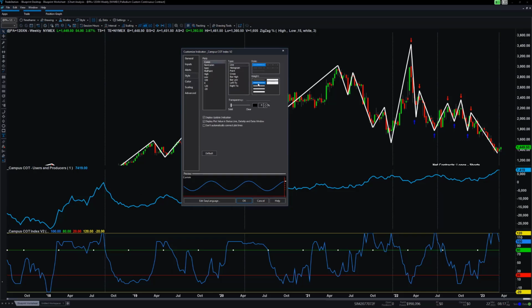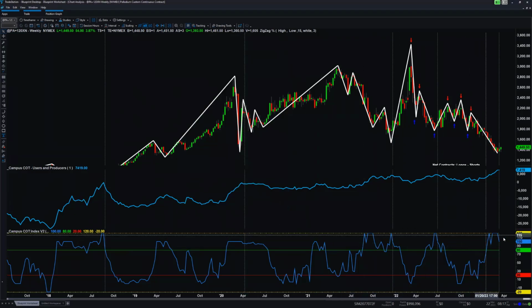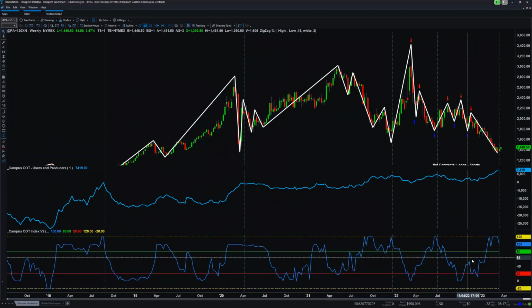I always want them to be a little bit thicker here in terms of the commercials. And in terms of your 120 and your -20, you could make them dotted lines here as well. Right? So now they're dotted. Now you can see it may be a little better.